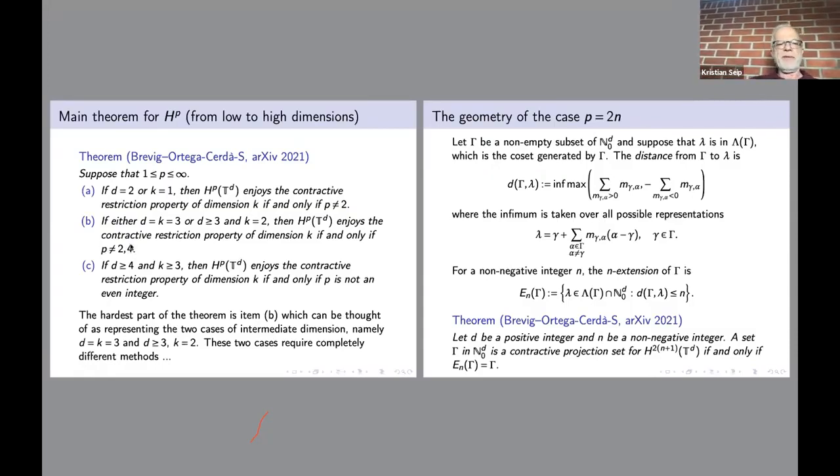So this is one side of it. It is a question about LP orthogonality. The other is that you are led to a very interesting geometric problem, an extension problem. So to prove this theorem, you have to understand this extension problem, and this extension problem is very much about this narrowness that I mentioned, you know, this set N naught D. I'm using, and I find this very good, this notion that Helson used, the narrow cone.